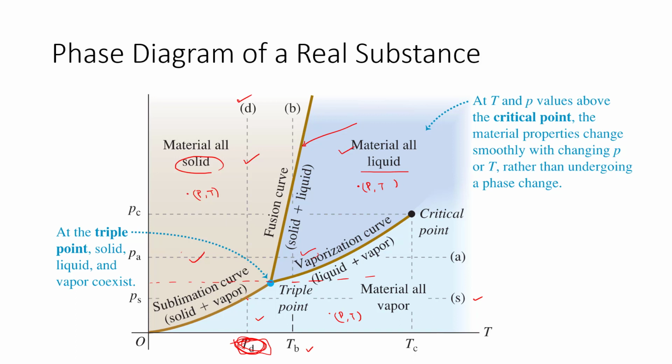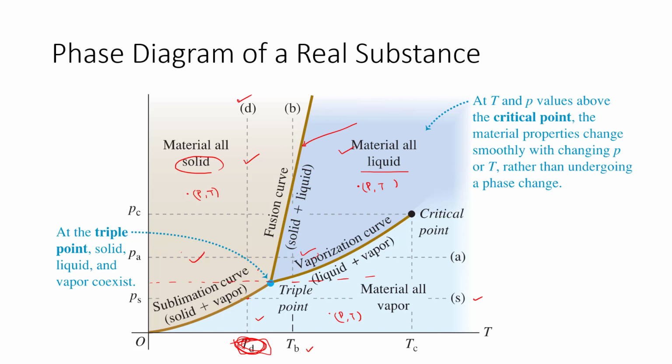When we do that, the material passes from vapor state to solid state at the point where it crosses the sublimation curve. So as it crosses the sublimation line, the material undergoes phase transition from vapor state to solid state.